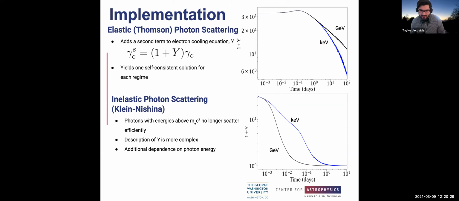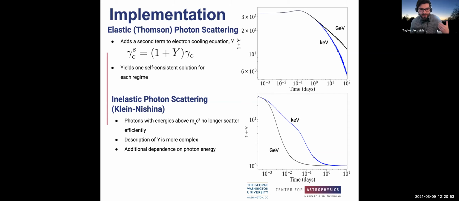And it also works as a cooling term for our electron spectrum. Okay, so that's kind of what goes into your model. It's not directly observable at this moment. Correct. Okay. What do the KeV and the GeV mean?